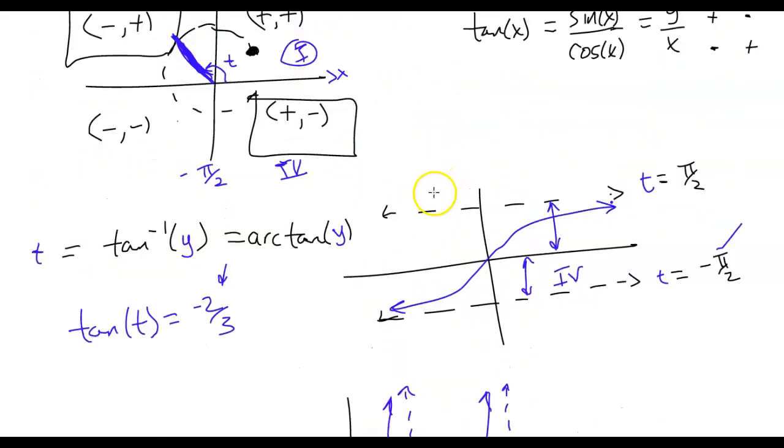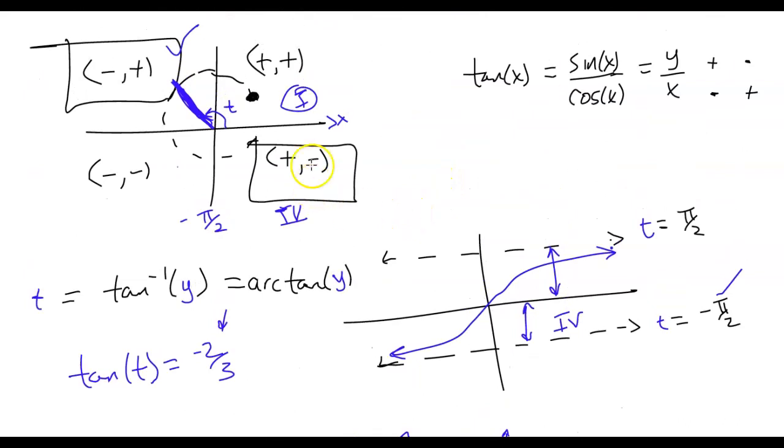If I go back up here and talk about quadrant 2, notice that my angle here now is going to be a positive angle, and this is pi here. I'm going to have some reference angle, okay? And this reference angle that's here, I'm going to draw it in a different color.